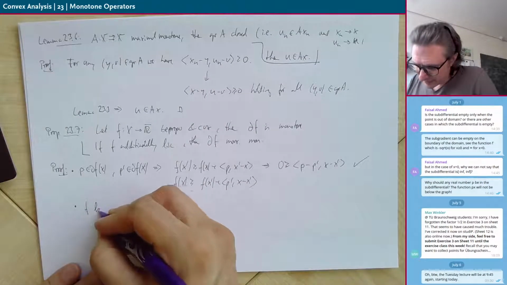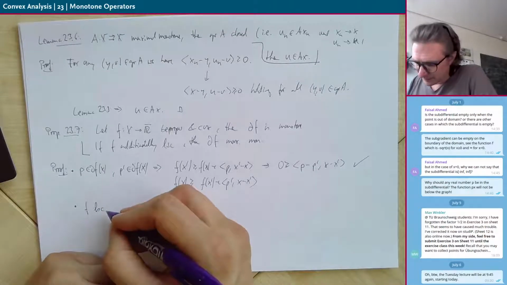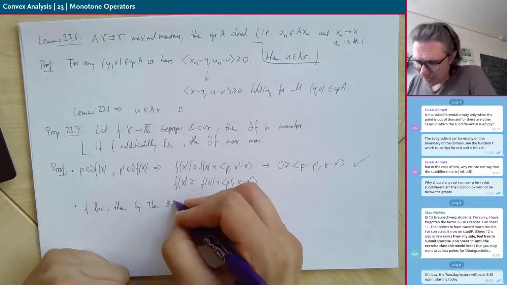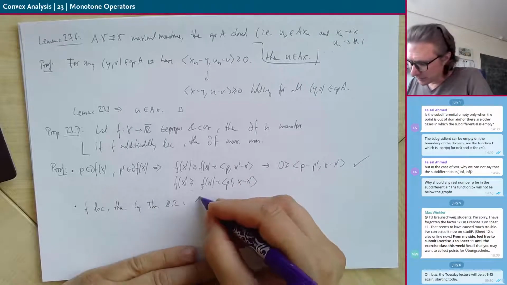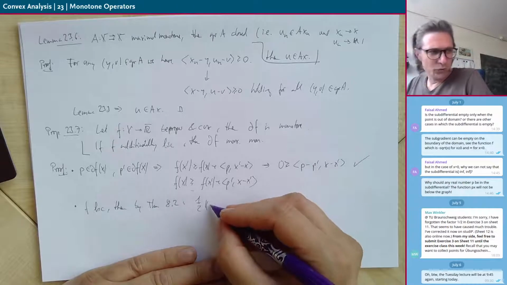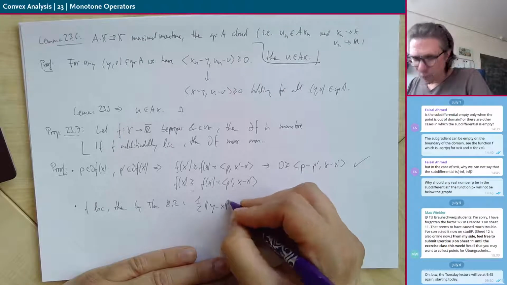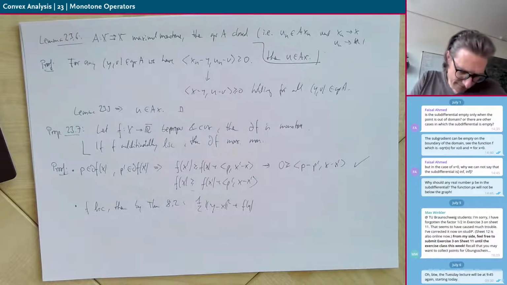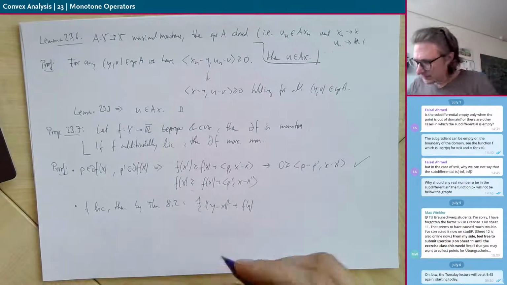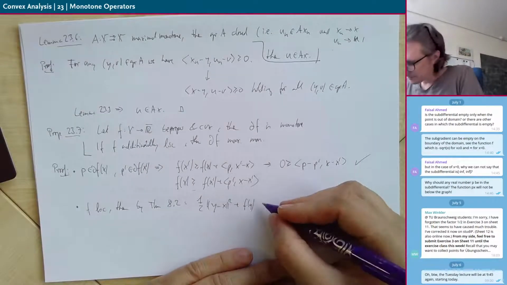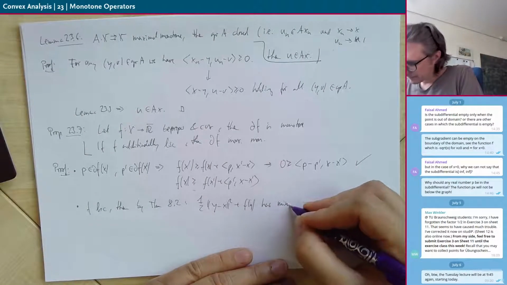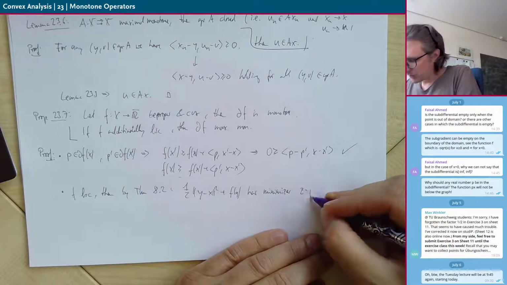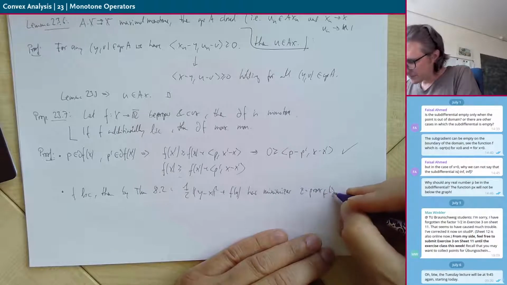So if f is LSC, then by a theorem which we proved a long time ago, 8.2, this function 1 over 2 times norm of y minus x squared plus f of y has a minimizer. Actually, we also have a name for it. The minimizer, we called it prox of f of x.